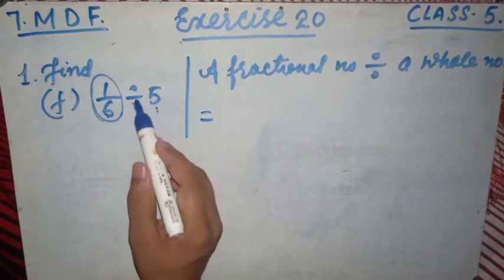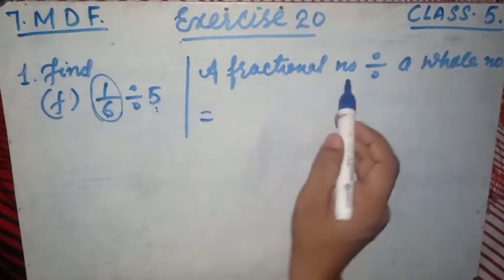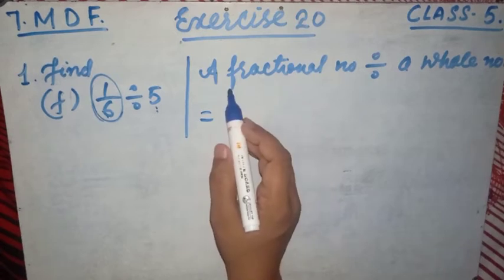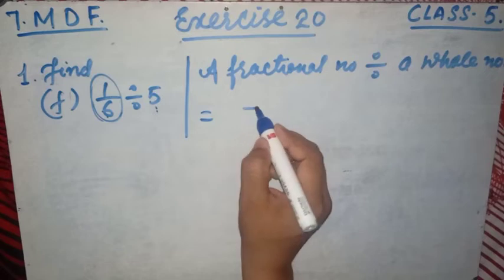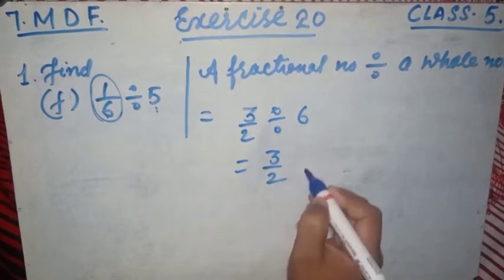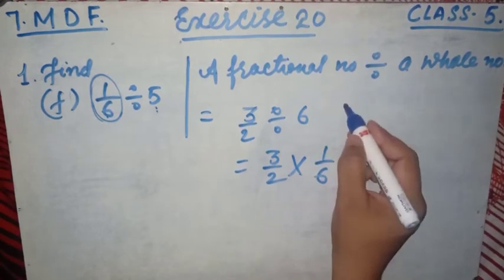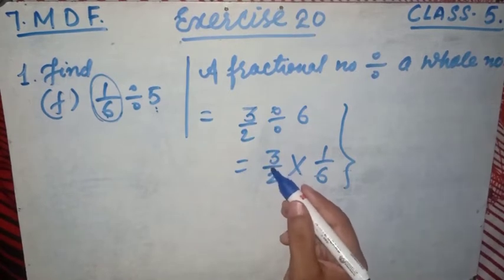What does it mean? So here is the statement written. Now we are going to understand these things. A fractional number divided by a whole number means we have to multiply. Suppose, for example, 3 by 2 divided by 6 could be written as 3 by 2 multiplied by 1 upon 6. It's very simple.